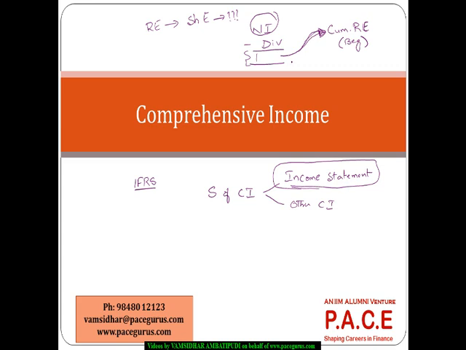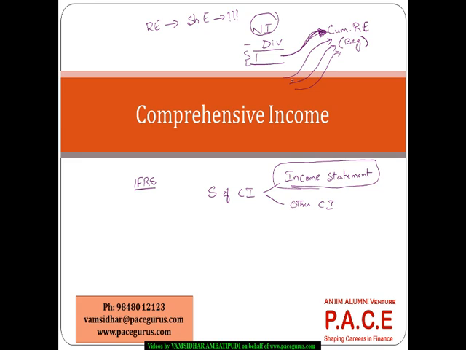But there are various other things that impact the shareholders' equity without passing through the income statement. They are not treated as a part of the income statement. Retained earnings is one portion which comes from the income statement and updates the shareholders' equity.